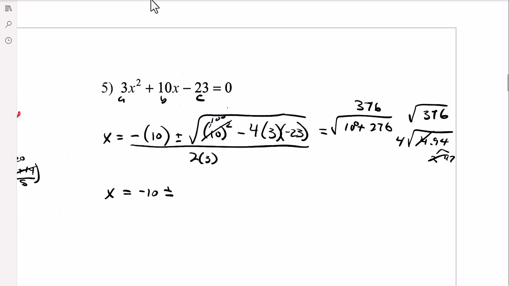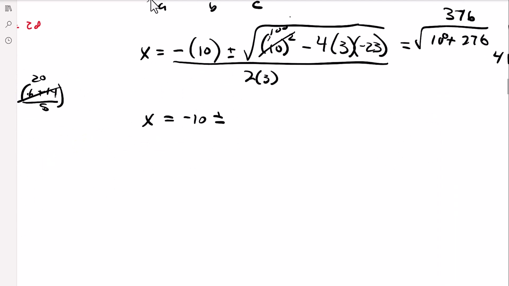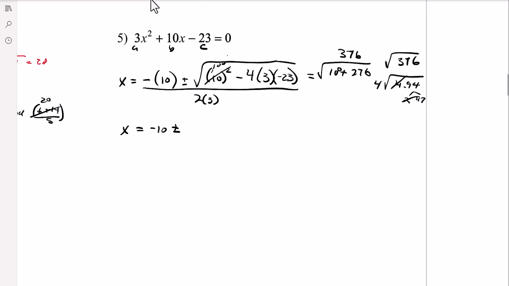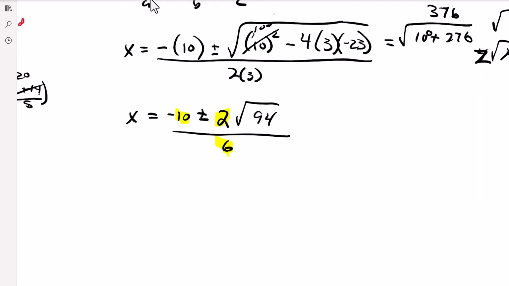So only a 2 comes out. So what we have is plus or minus 2 times the square root of 94 all over 2 times 3, which is 6. And now, negative 10, 2, and 6 all have a 2 in common. That factors to 1, that cancels to 3, that cancels to negative 5.